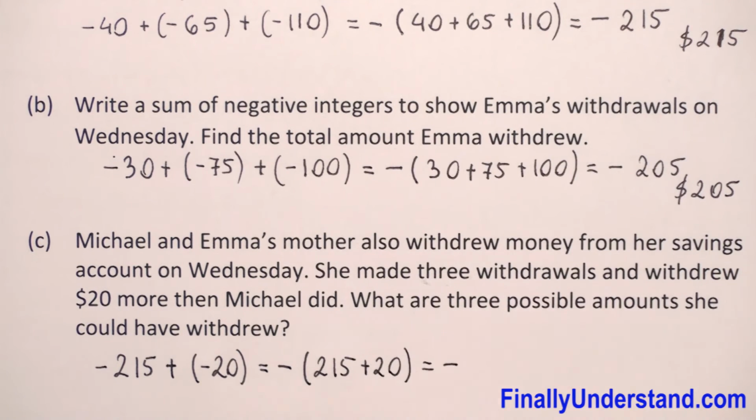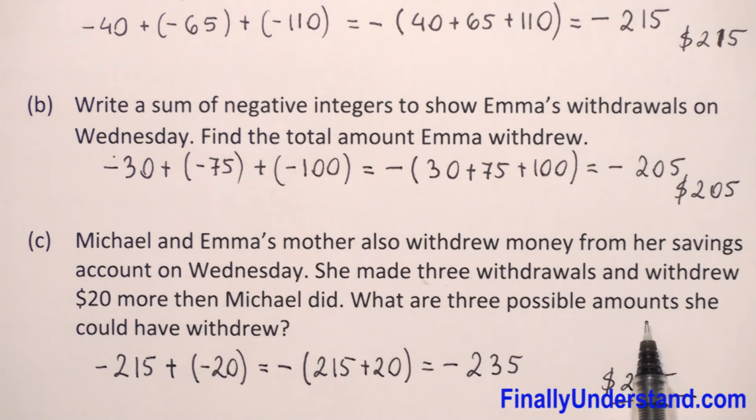So this is equal to, negative sign we copy, and 215 plus 20, so this is 235. So we can write that Michael's and Emma's mother withdrew $235.